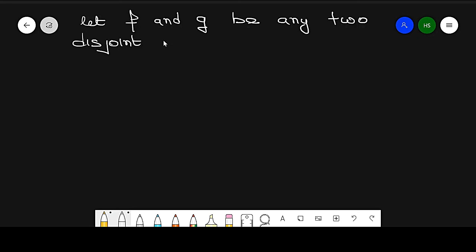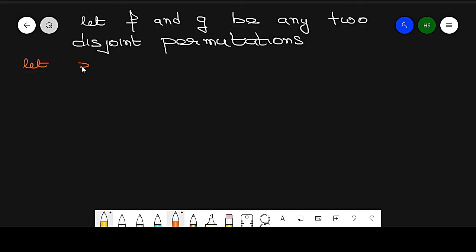By definition, we know that at each element one of them fixes it.